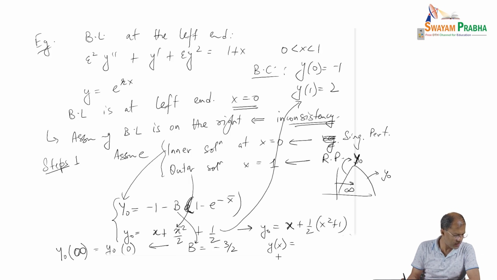And after plugging in everything, we are going to get that the solution now is y of x comes out to be x plus half x square plus 1 minus 3 by 2 e to the power minus x bar, where x bar comes out to be x over epsilon.